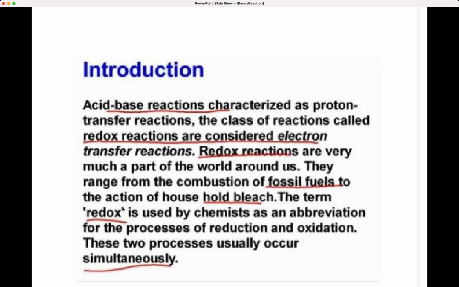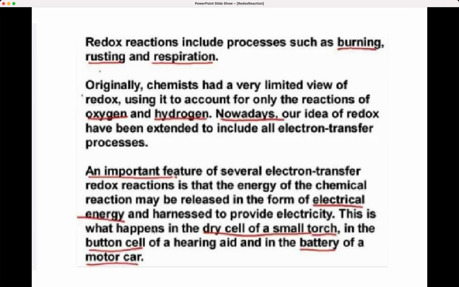Why are we using the term redox? Because chemists use this term as an abbreviation for the process of reduction and oxidation. Reduction, RED, oxidation, OX. So the reactions where these two processes occur simultaneously, that is, they occur together, are known as redox reactions.